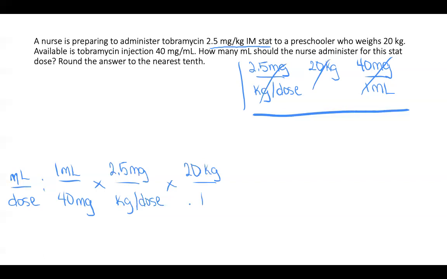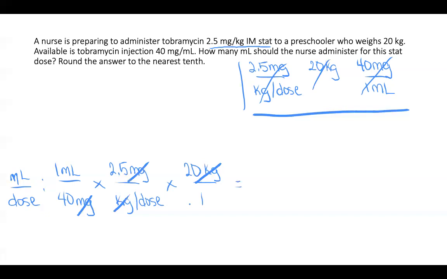Okay, I've used everything in my box. So I'm going to cancel like units of measure and check and see what I'm left with and make sure it matches. I'm left with milliliters per dose, which matches what I'm looking for. So I can go ahead and do my math straight across.